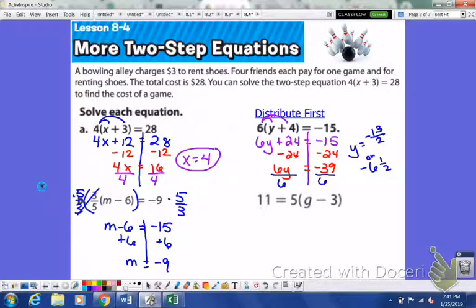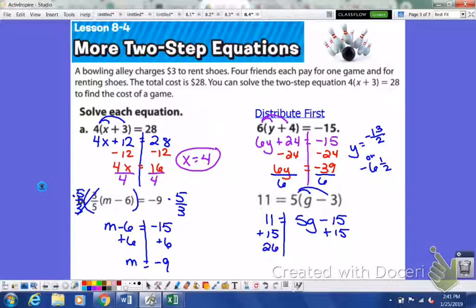Now if we look over here, I see 5, I see 11. So 11 is not easily divisible by 5, so I don't want to do that subtract or division at the beginning. In this case, I want to do my distribution. So 11 equals 5g minus 15. Drop our line down. Take care of my inverse operations.